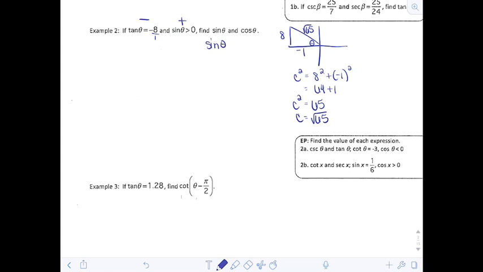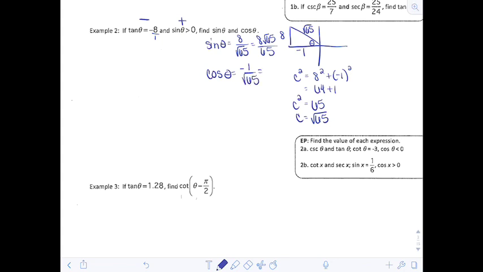So now if I want the sine of theta, I have it. I can go to my triangle. The sine of theta is the opposite, which is 8, over hypotenuse, square root of 65. And we would rationalize 8 root 65 over 65. Perfect. And then cosine of theta would be adjacent, which is -1, over hypotenuse, the square root of 65.